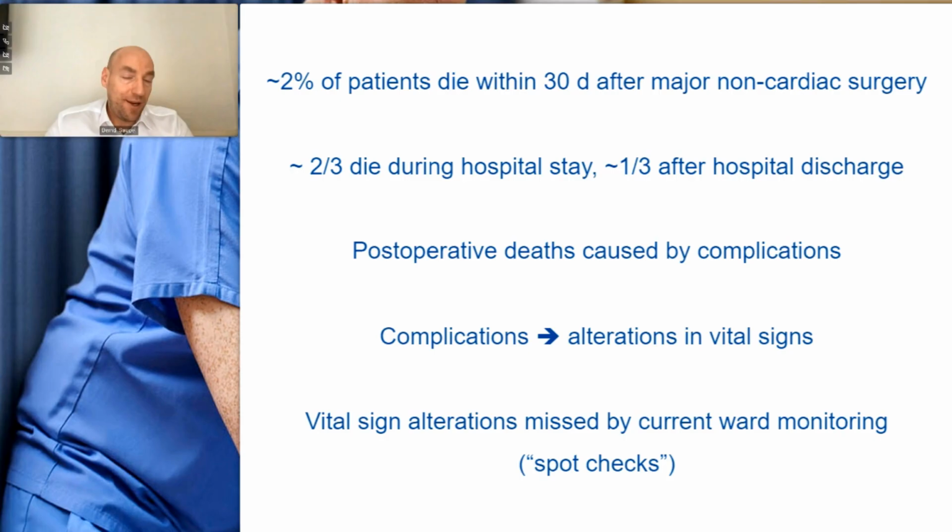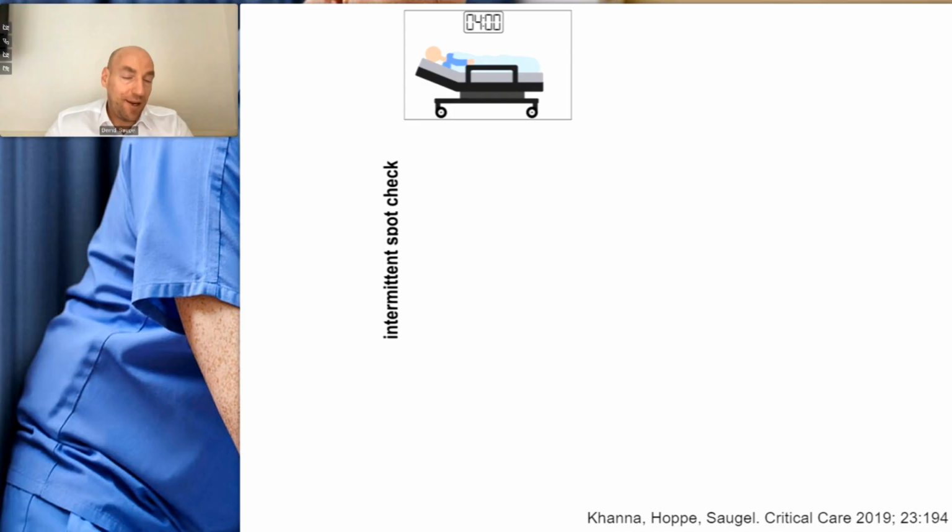Those complications induce alterations in vital signs, and our current approach to vital sign monitoring with spot checks misses most of the vital sign alterations. So what we experience basically every day is that with our intermittent spot checks, we identify clinical deterioration very, very late, often only after there is cardiac arrest or other very, very serious complications.